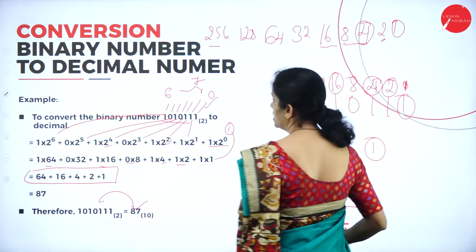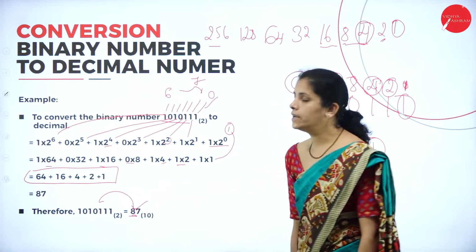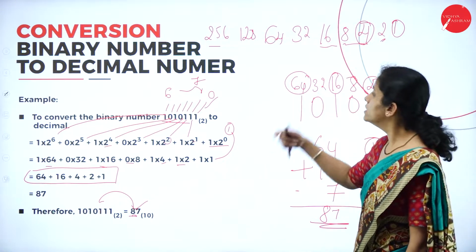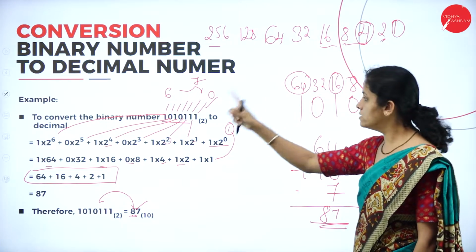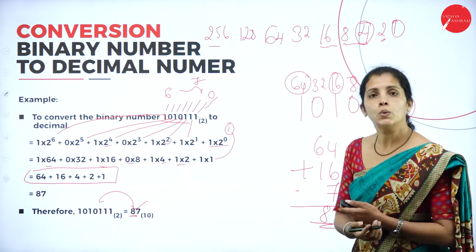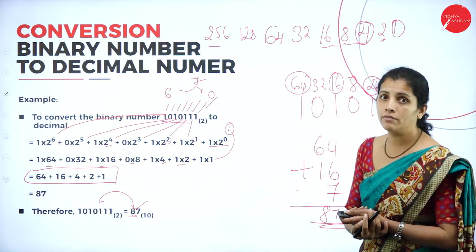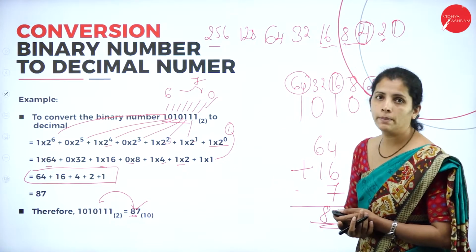So 87. Here also I'm going to get 87. So dear student, you can follow either this method or that method. Whichever you feel easy and comfortable, you can follow that method.